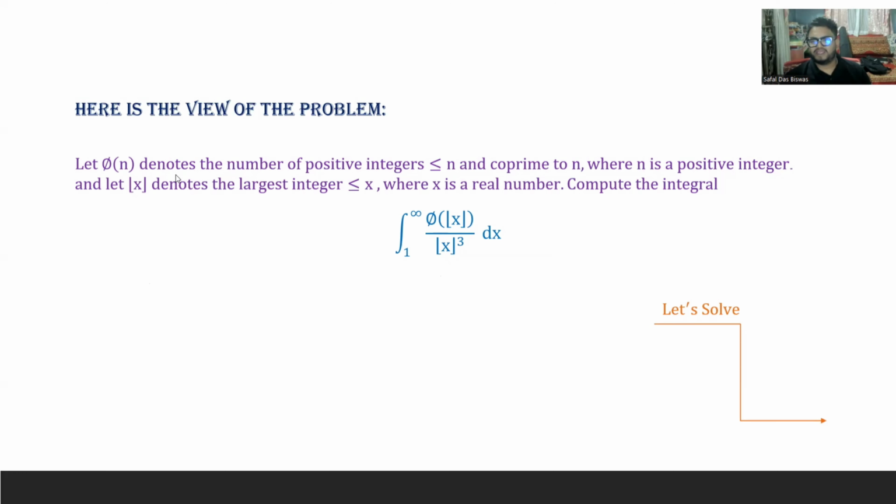That means phi of GIF of x over GIF of x cubed, that is floor of x cubed, dx, right?